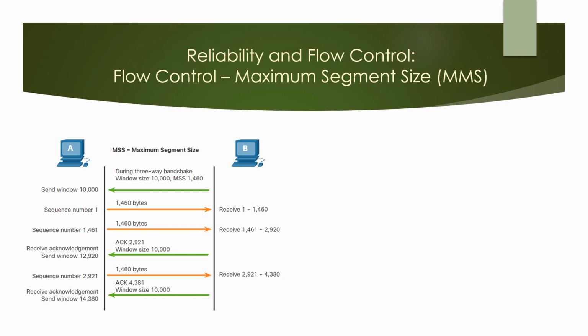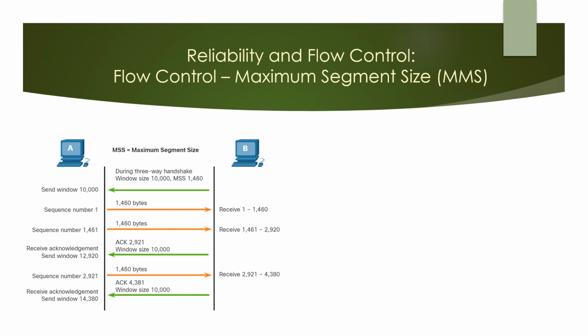A common maximum segment size is 1460 bytes when using IPv4. A host determines the value of its maximum segment size field by subtracting the IP and TCP headers from the Ethernet maximum transmission unit.